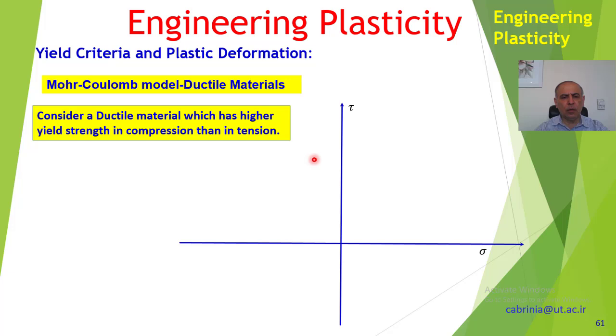Okay, so this may be more familiar to the civil engineers, but we also have different materials that we are using in mechanical engineering with this kind of behavior. So here we are considering that this material, which is ductile, has higher yield strength in compression.